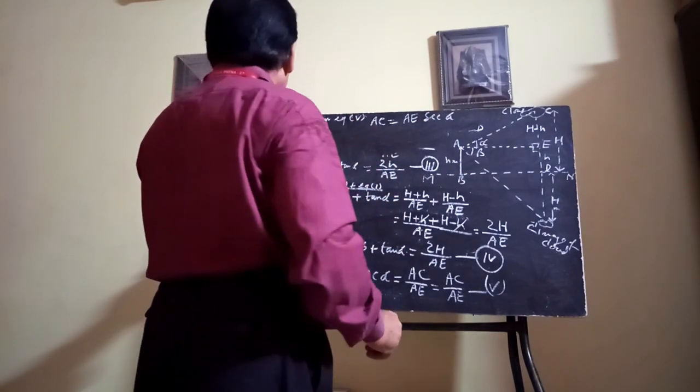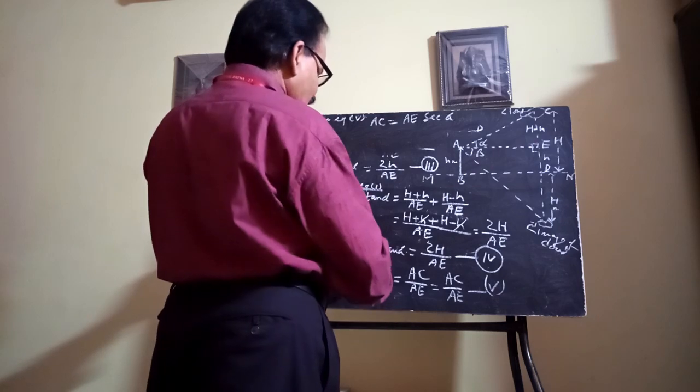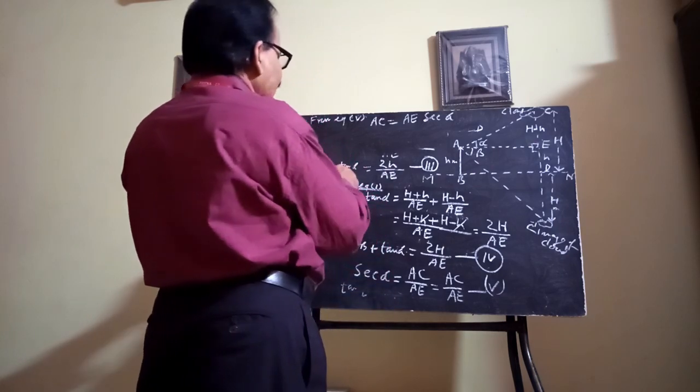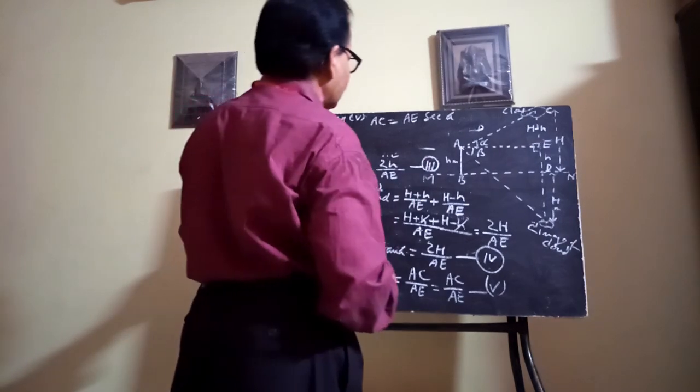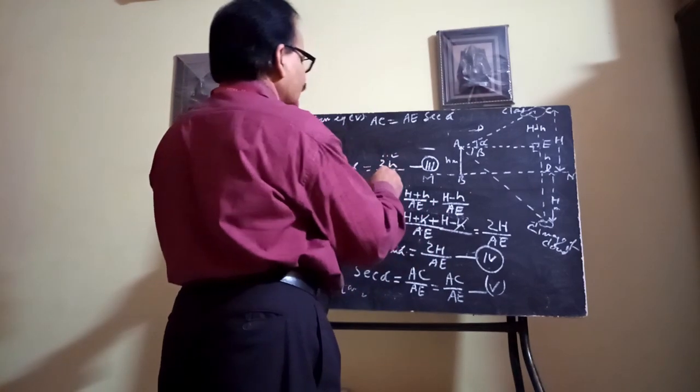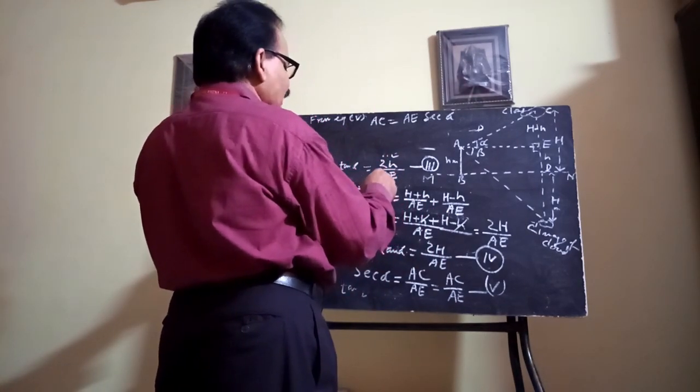And from equation 3, tan beta minus tan alpha, you can find the value of AE.